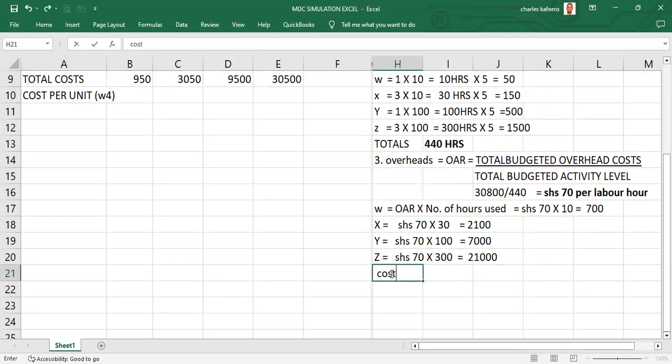Cost per unit is going to be the total costs divided by the number of units, for each product.